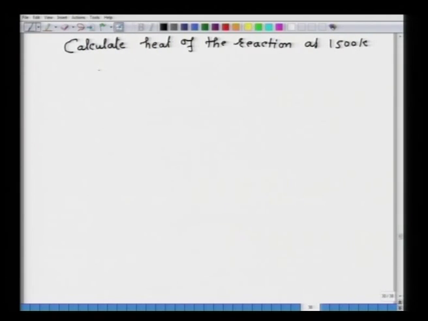The reaction is ZnO solid plus C solid equals Zn gaseous plus CO gaseous. Now, mind you, in this reaction it is very important to write down the state of the reactant and product in the parenthesis, because you note that in this reaction the reactants are in the solid state, whereas the products are in the gaseous state. Zinc is also in the gaseous state.